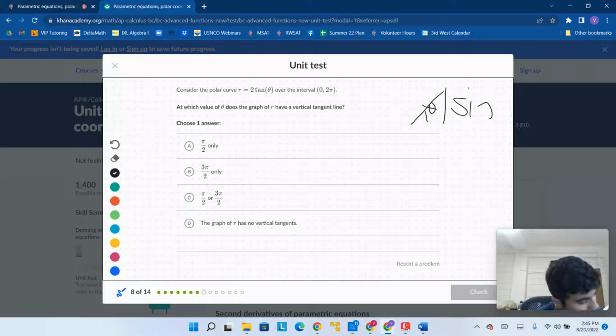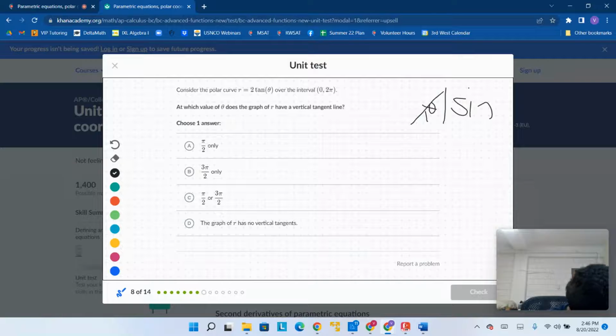Now the derivative of y, 2 tan theta sine theta, is going to be 2 secant squared theta sine theta plus 2 tan theta cos theta, or just 2 sine theta. And that's going to be over dx d theta, which is just going to be 2 cos theta.